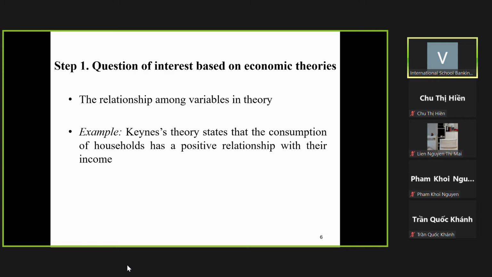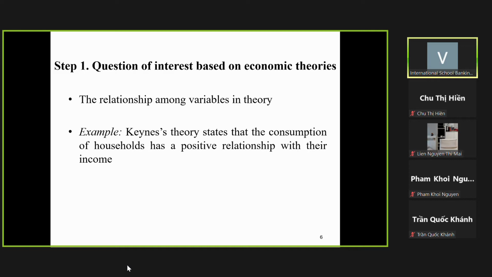And hundreds of years ago, when he observed the households in England, he made a statement like this: the consumption of households has a positive relationship with their income. So this is the statement of Keynes hundreds of years ago by observing the households in England.